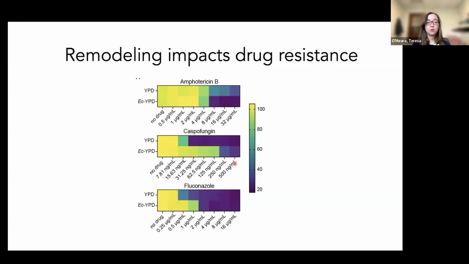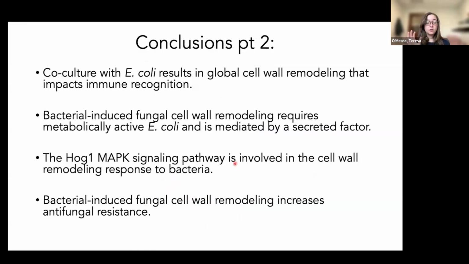And that really makes sense because we've totally changed that cell wall structure, and we end up with a huge amount of resistance to caspofungin, potentially impacting clinical outcomes. So our conclusion for part 2 is that co-culture with E. coli results in this global cell wall remodeling that impacts immune recognition, and that this requires a metabolically active E. coli and is mediated by a secreted factor in the organic phase.